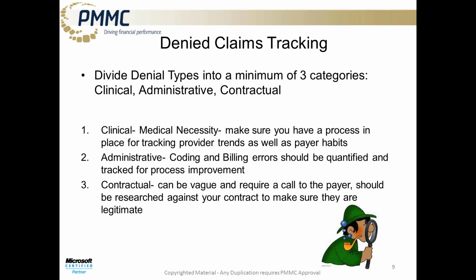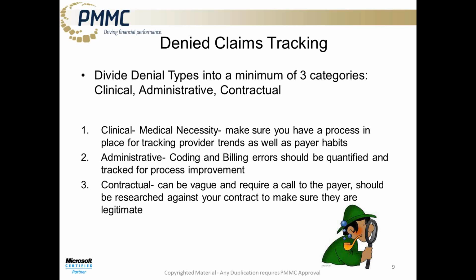and billed correctly. The biggest problem for denials are the contractual ones. These are the vague, kind of generic, denied because it's not following your contract. But it doesn't say anything else. You have no other information to go on. A lot of facilities just kind of ignore these or sweep them under the rug, or worse, assume that the payer was correct.